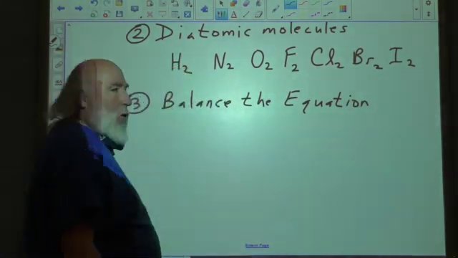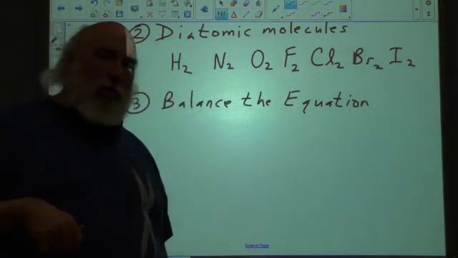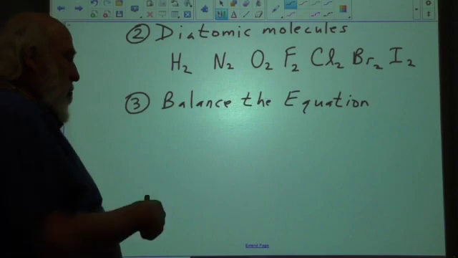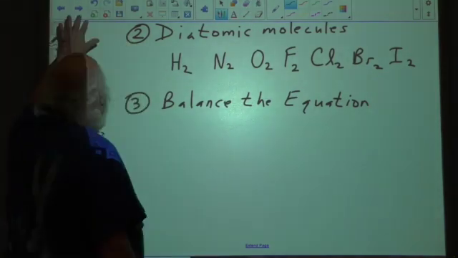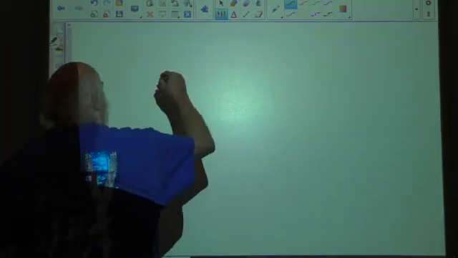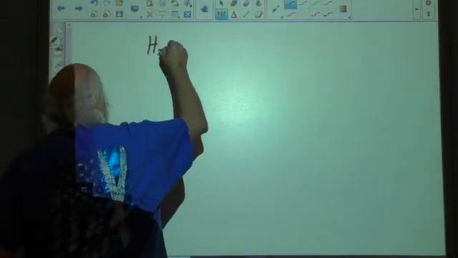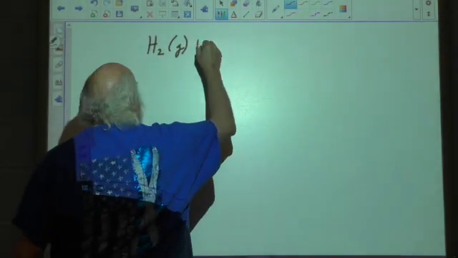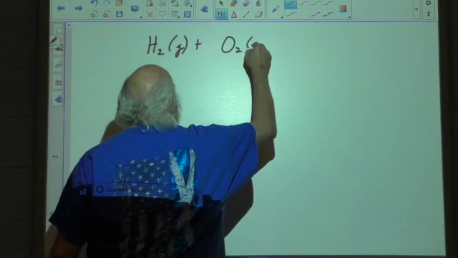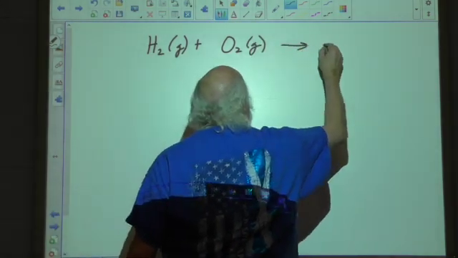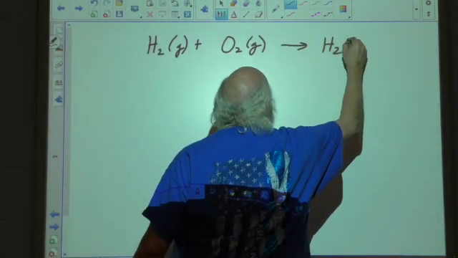You already know how to do that. We spent 2 lessons dealing with simple ones and complex ones. This would probably classify as a simple one, but let's just go ahead and do that. So let's go back and put this up. H2 gas plus O2 gas yields H2O liquid.